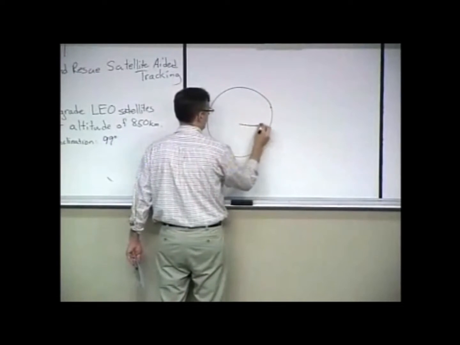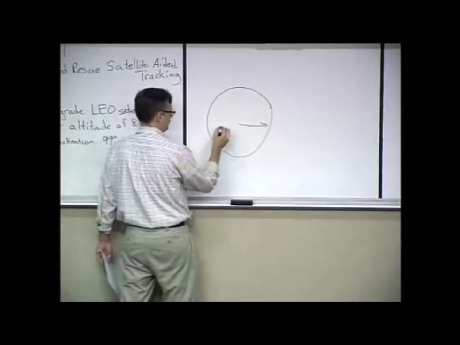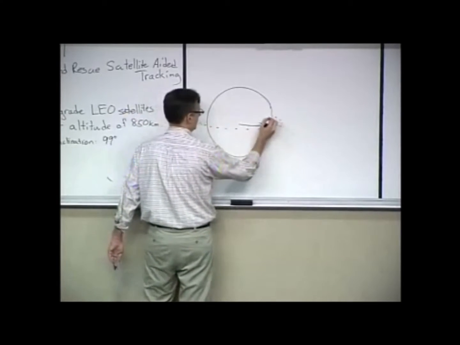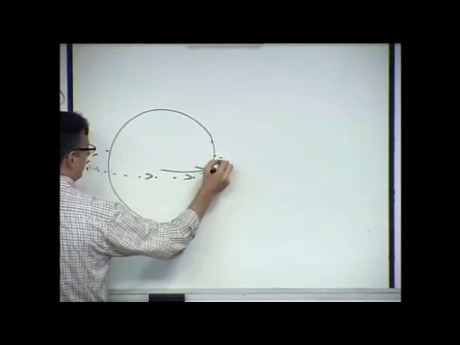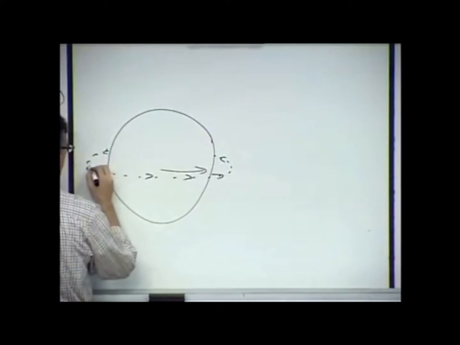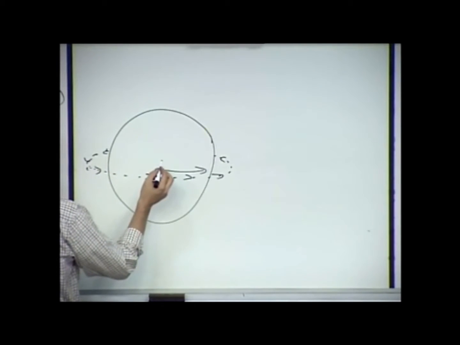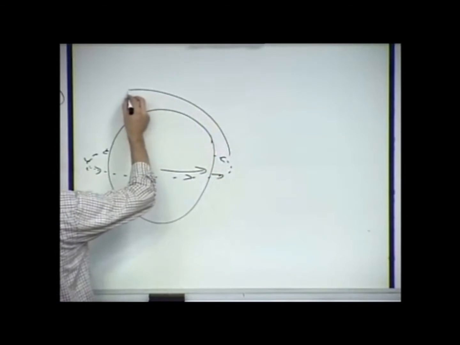And normally, if you had a zero inclined orbit, you would launch your satellite, and the satellite would travel like this around the Earth. And let's see. Now, you flip it.